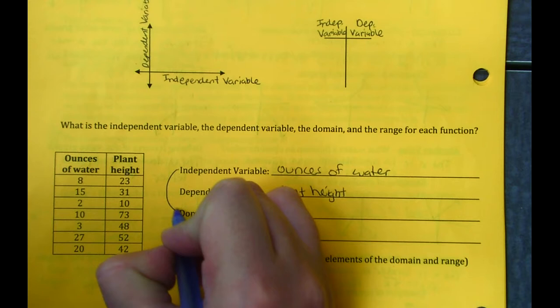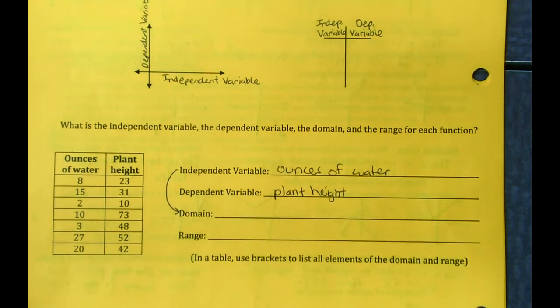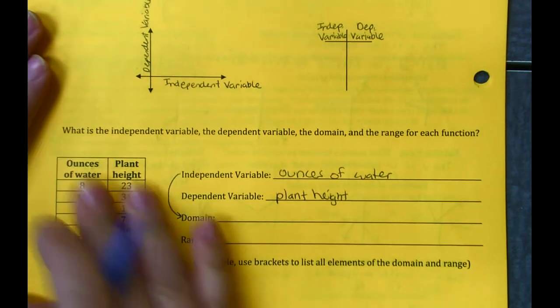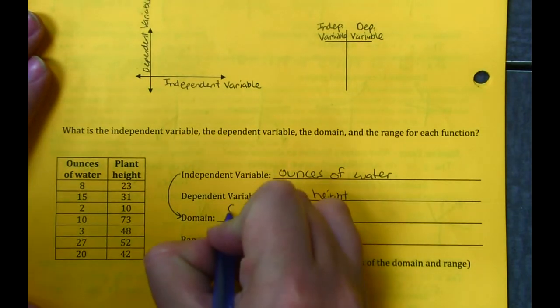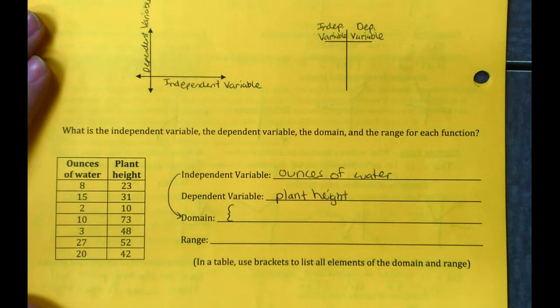Now the domain is all the values of the independent variable. So this goes with the domain. And when we write a domain or a range of a table, if there's certain values that are listed, we put that in brackets so we know what those numbers are a part of the domain.